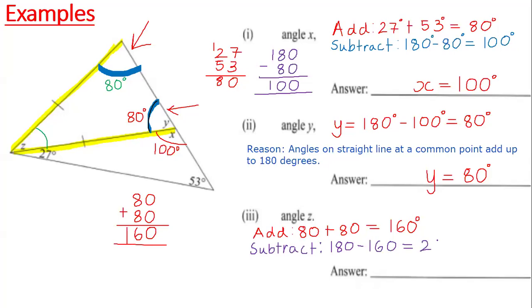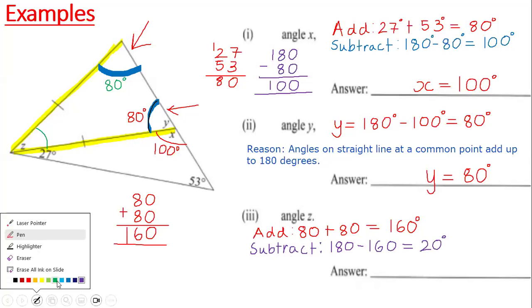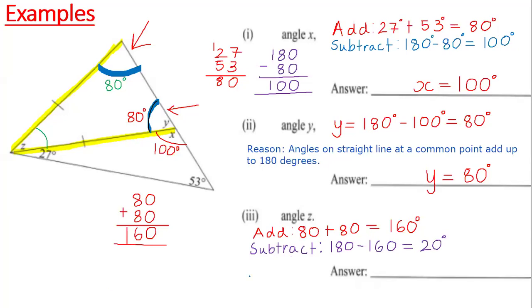Very good. And so that means that z is equal to what? 20 degrees. Z is equal to 20 degrees.